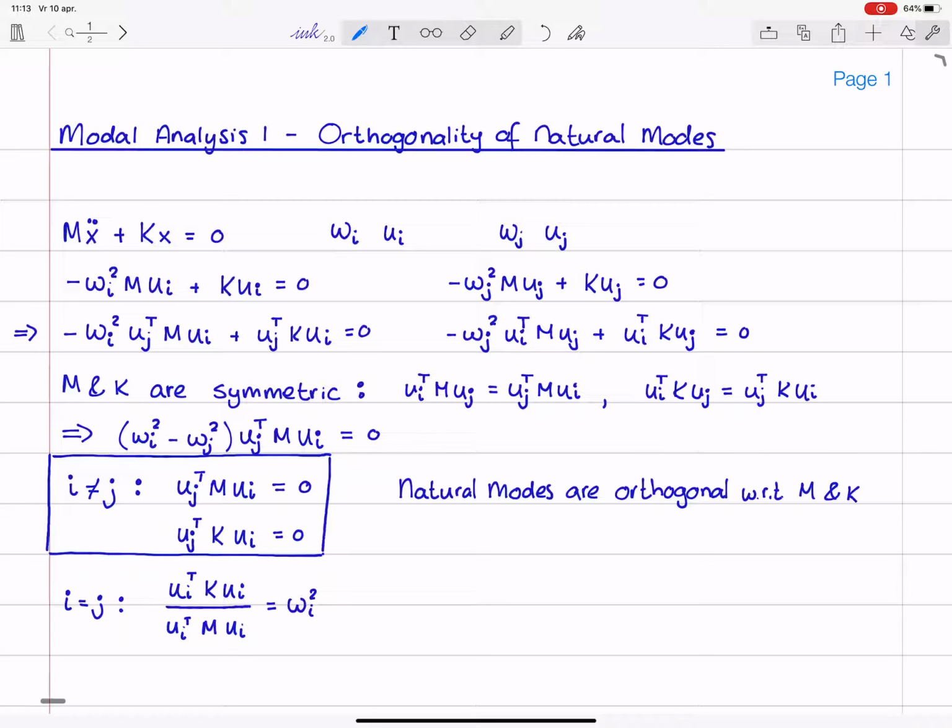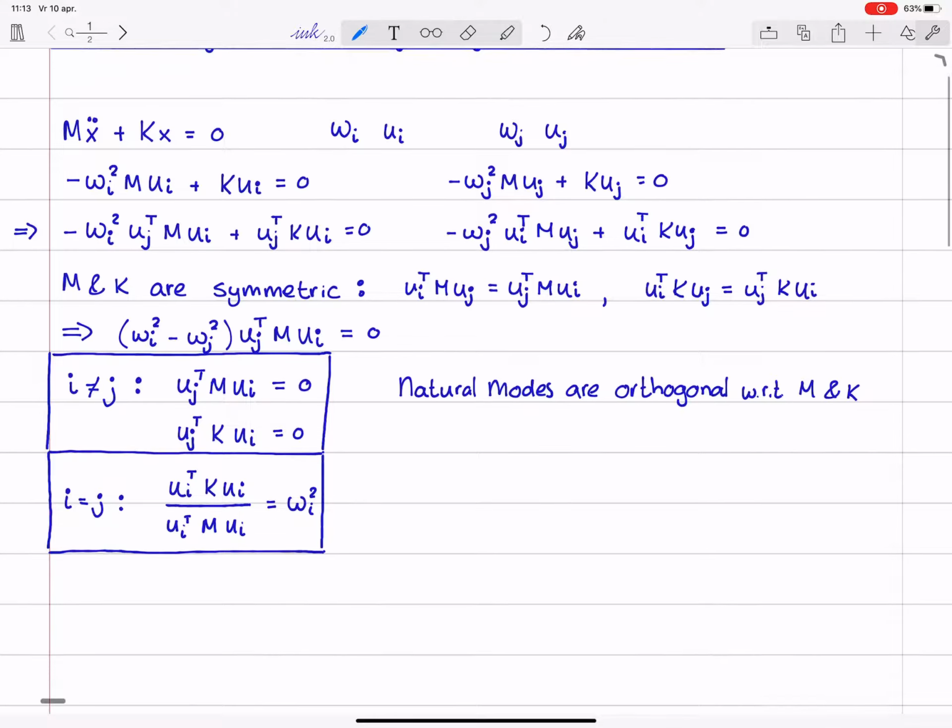Now this is also an important relation. It's a quotient, it's a ratio, and it basically says that if you pre- and post-multiply the stiffness matrix and mass matrix by the same natural mode, this ratio will always produce the corresponding natural frequency squared.